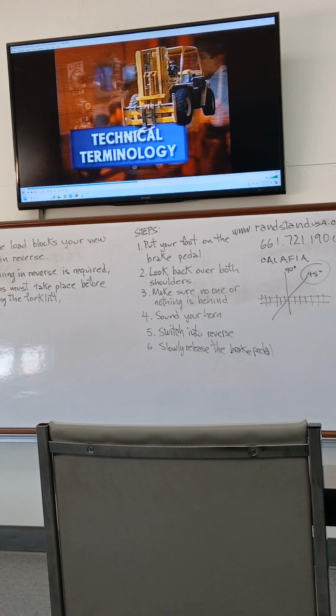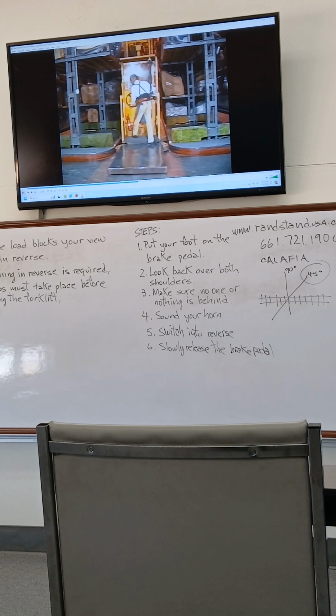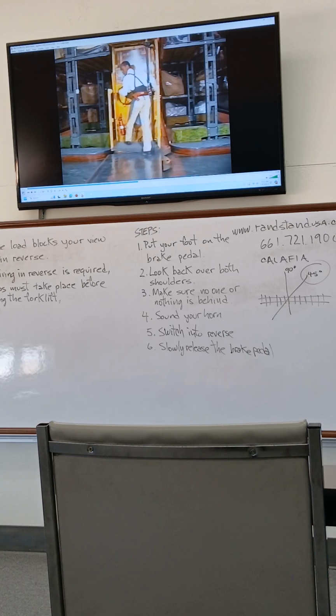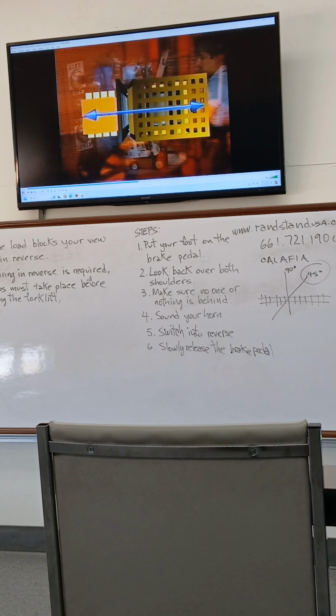Technical terminology. We're not expecting you to remember too many technical terms, but you should be aware of some engineering definitions and how they apply to your particular forklift. First, there's the longitudinal stability. This is a fancy word for the truck's resistance to overturning forward or rearward.